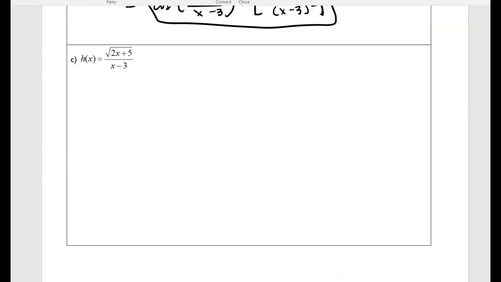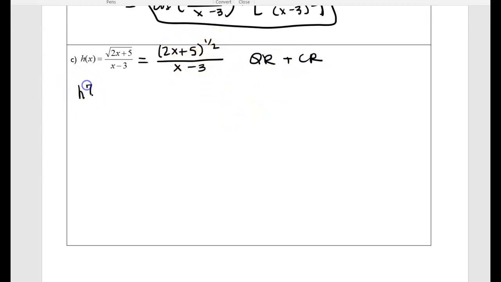For the last problem, we have h of x equals square root of 2x plus 5 over x minus 3. So overall this is a quotient, but within that we have a function that is inside another function. So this is 2x plus 5 to the 1/2 all over x minus 3. So I'm going to use the quotient rule first and then the chain rule within that. And again, that's because overall this looks like two things being divided.